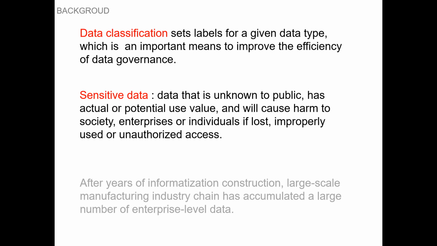In the problem we are considering, these types will be used to set the sensitivity level. Sensitive data refers to data that is not known to the public and has actual or potential use value. When sensitive data is lost, used improperly, or accessed without authorization, it can cause harm to society, business, or individuals.